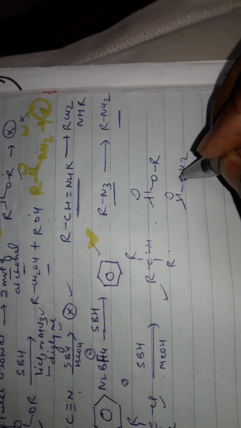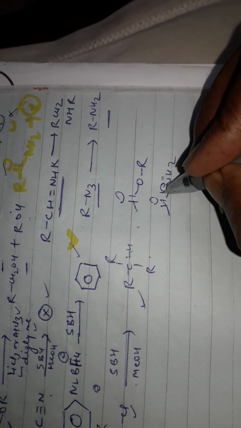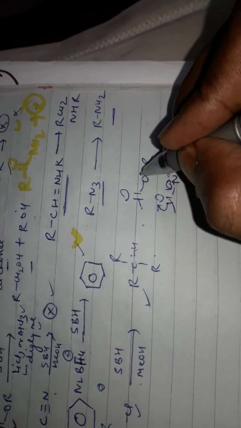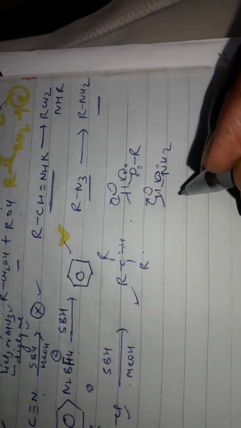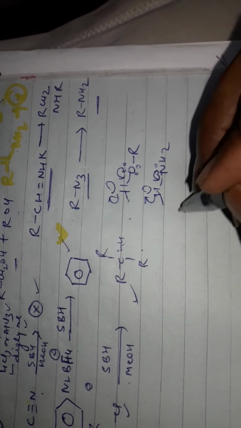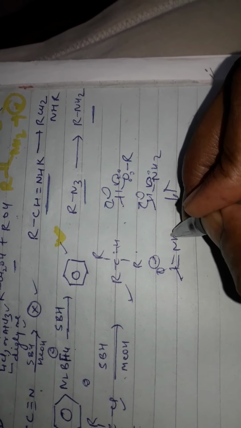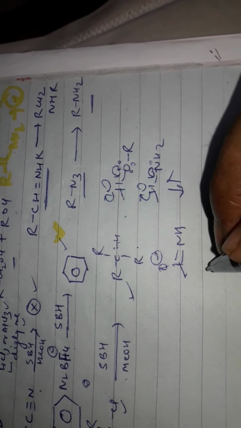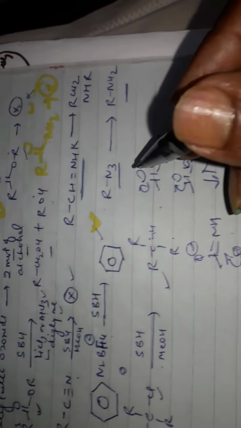If you see here this lone pair of electrons, in such type of problem resonance is found. So that's why it is unable to reduce, because in solution it exists in a tautomeric form like that. So when hydride comes, the tendency of hydride to reduce this is very less, that's why it cannot reduce it.